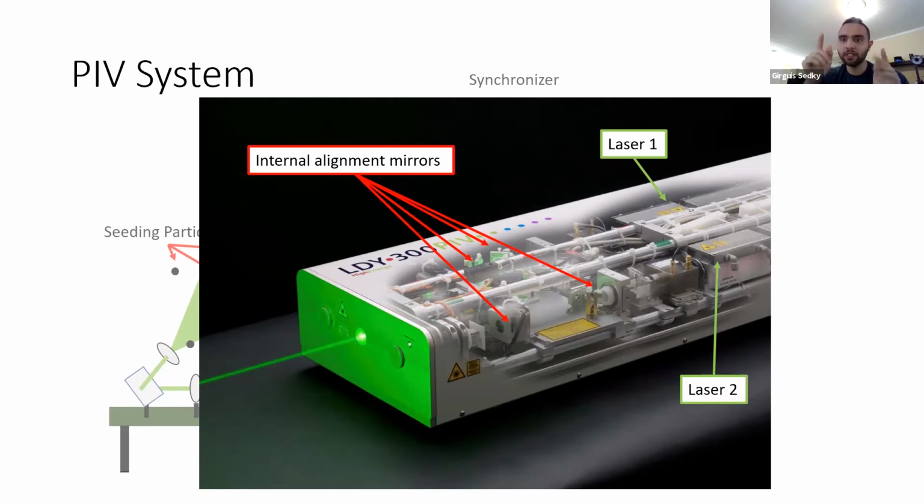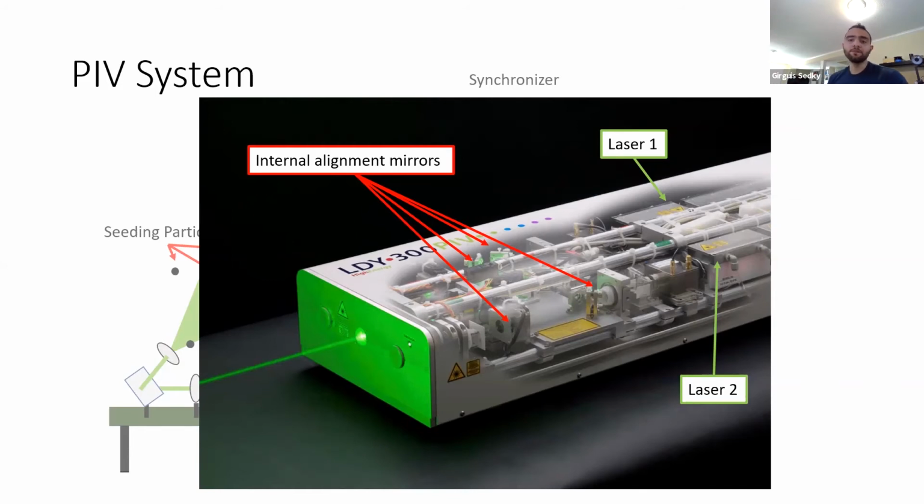So for example, each laser is firing at a 15 hertz frequency, but one of the lasers fires slightly out of phase of the second one, so that you can effectively get a 200 hertz rate between the two lasers, if that makes sense. So this is the reason why most PIV lasers have two laser cavities rather than one.